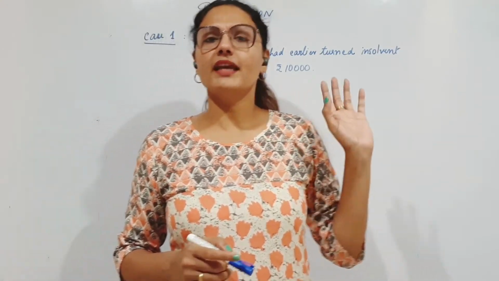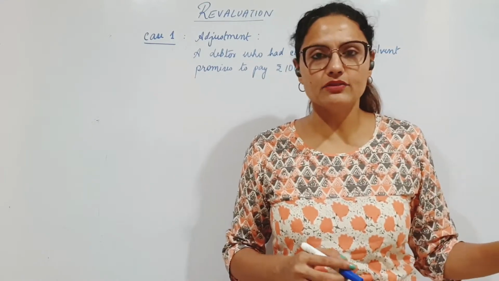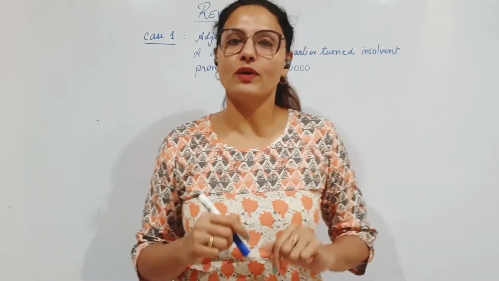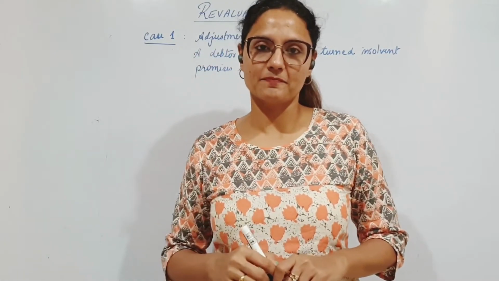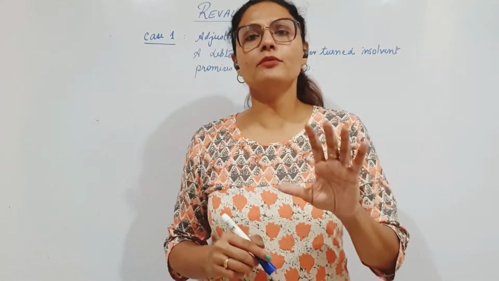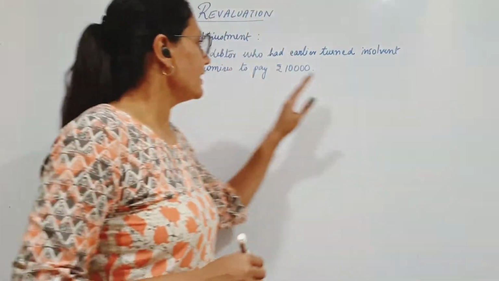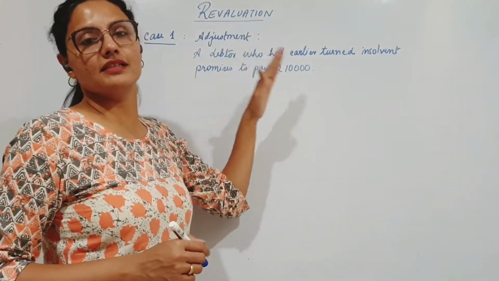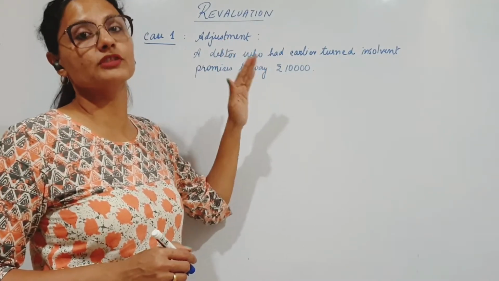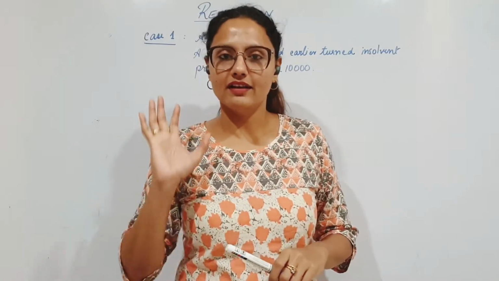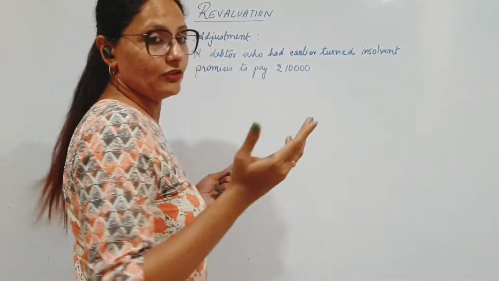This promise to pay, it's most likely that we are going to get, and the new partner should not get disadvantaged by not recording this. So at the time of revaluation, retirement or admission, we do take into account this 10,000, a promise to pay from the debtor, meaning we are bringing into the books the unrecorded asset. Okay, it's a gain to me, of course.